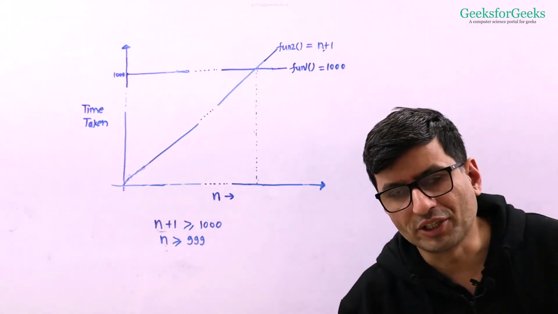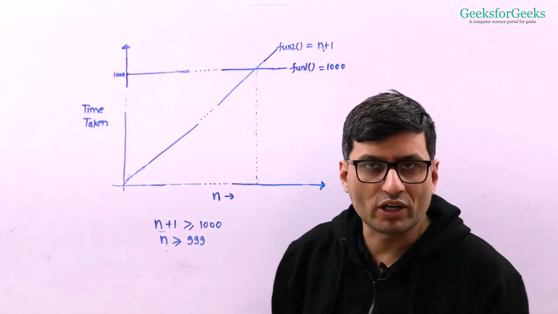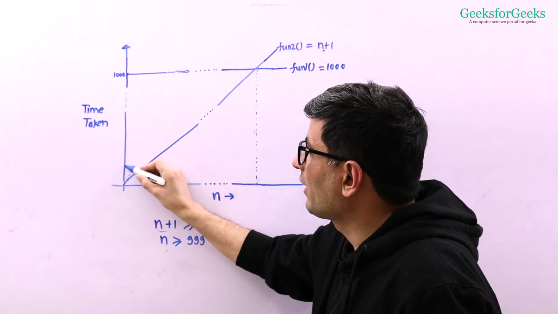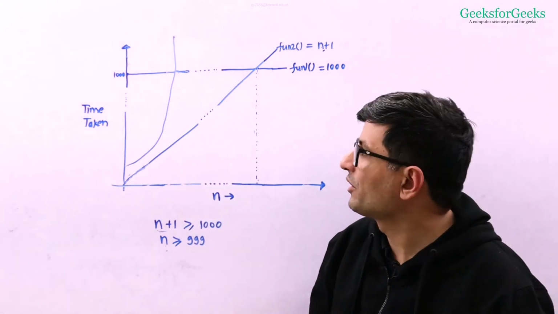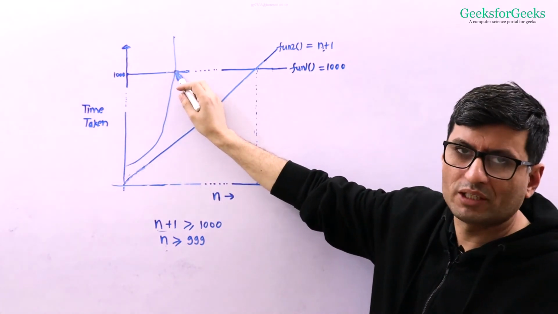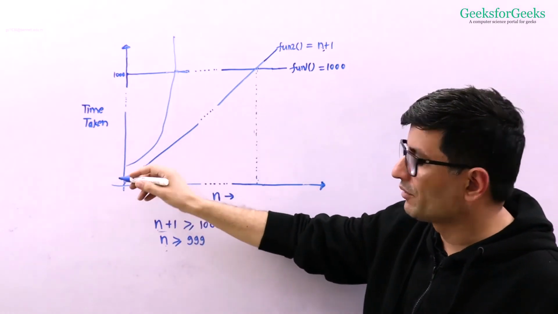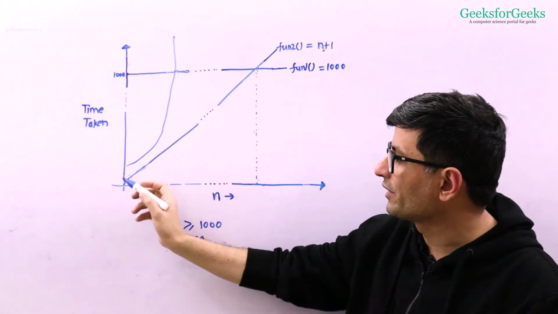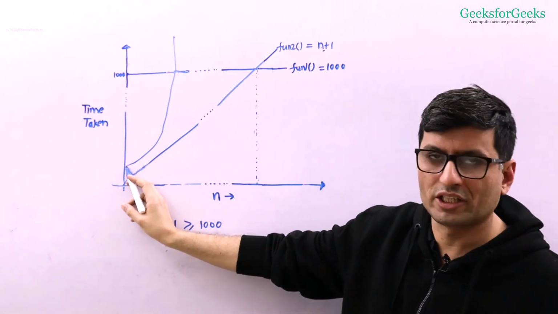You can notice that after a certain point, fun3 is taking more time than fun1. And if I compare it with fun2, the way I've chosen the constants and drawn the graph here, it's having a higher value than fun2 all the time, right?